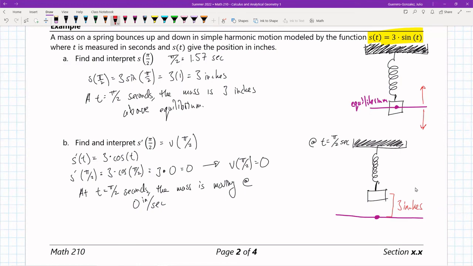Since our velocity is 0, this means that our mass that's bouncing on a spring has reached its tippy top and it's starting to come back down. So whenever we study simple harmonic motion, whenever there's something that happens repetitively, that's where we get to see a lot of these derivatives with sines and cosines in it.